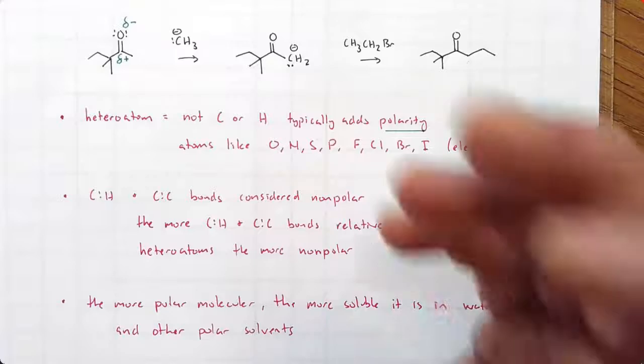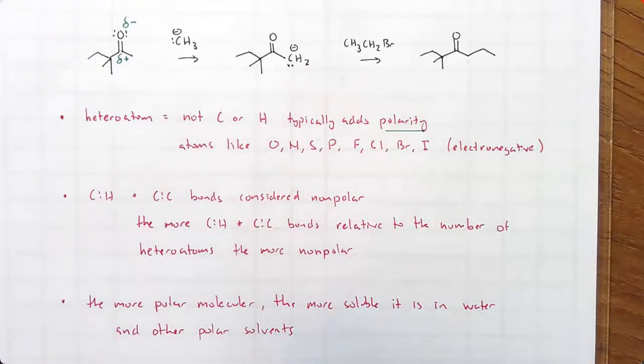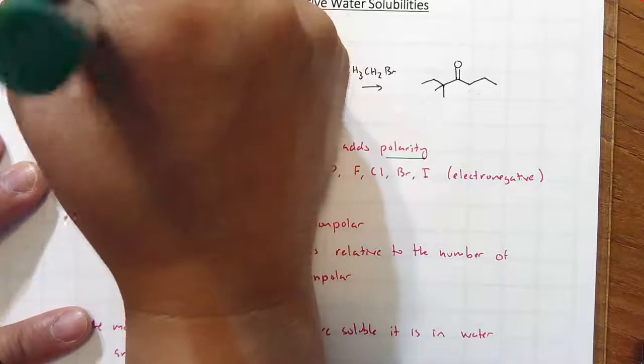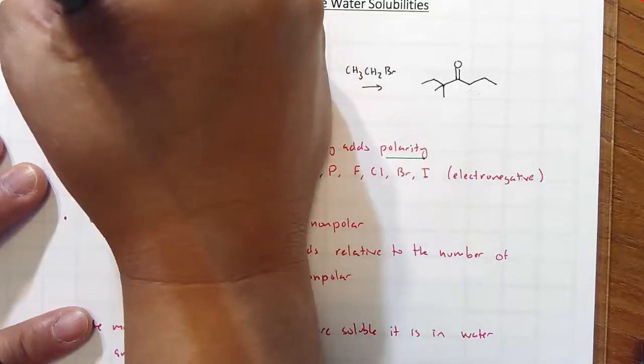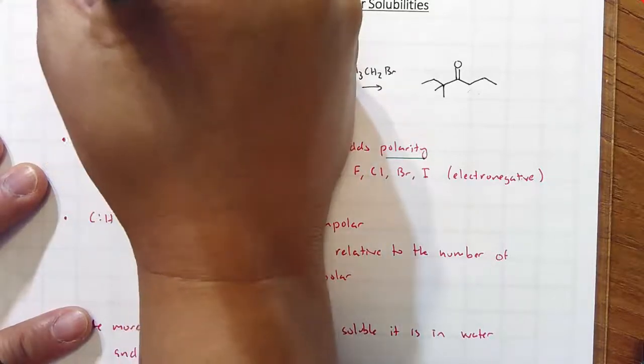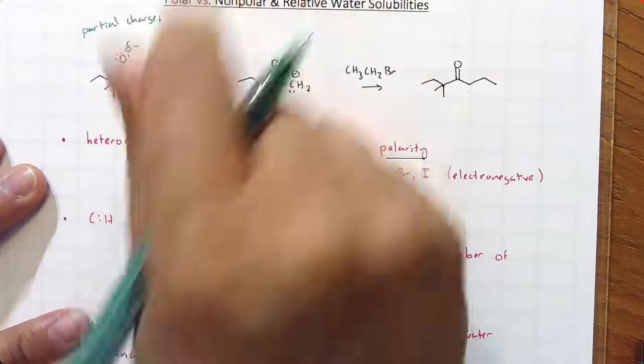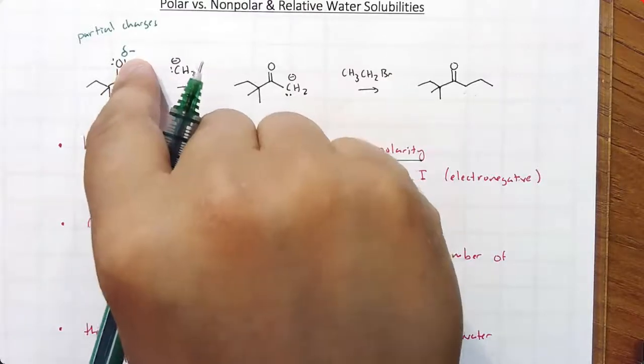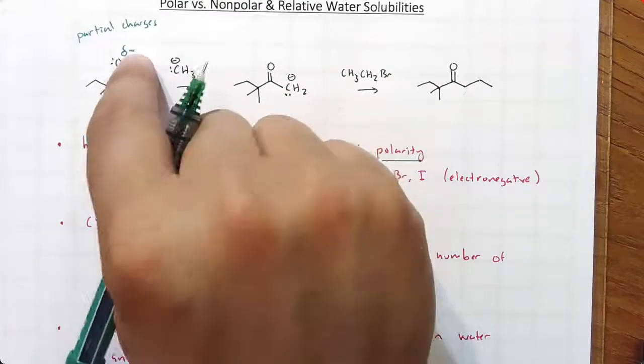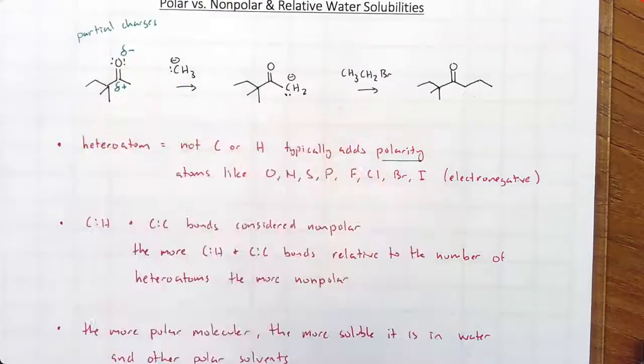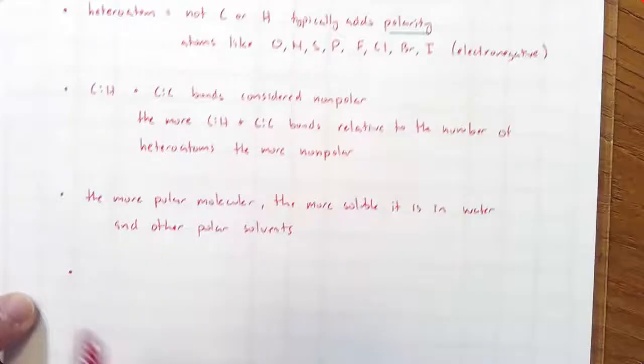So full charges create larger dipoles than these partial charges, right? These are called partial charges. This lowercase Greek letter delta, delta negative, delta positive. Okay. What did I just say here?